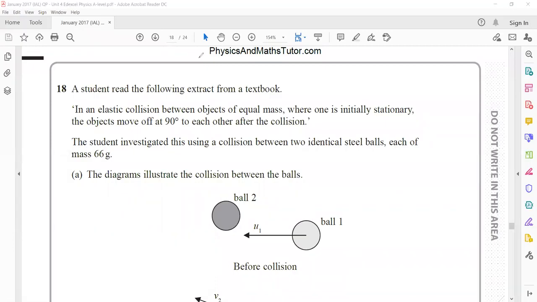In question 18, a student reads the following extract from a textbook. In an inelastic collision between objects of equal mass, where one is initially stationary, the objects move off at 90 degrees after collision. The student investigates using a collision between identical steel balls, each of mass 66 grams. The diagram illustrates the collision between the balls.